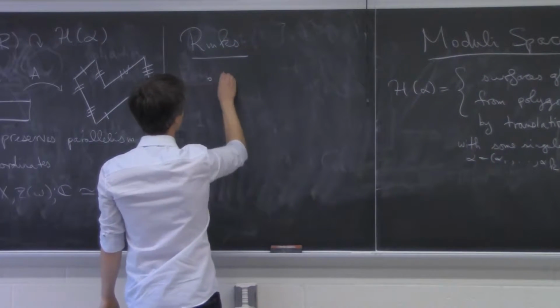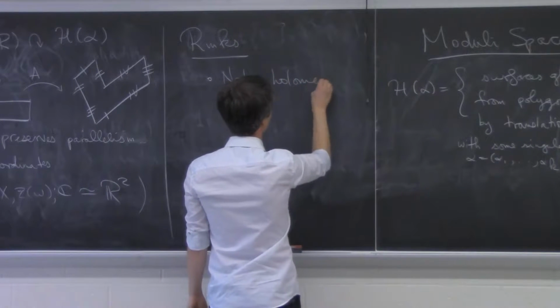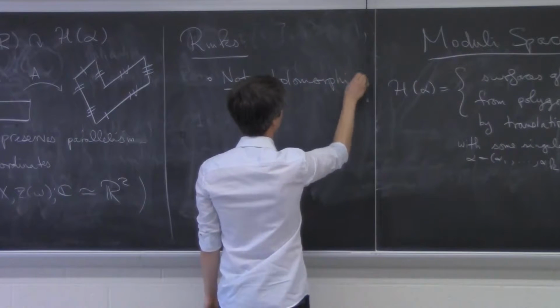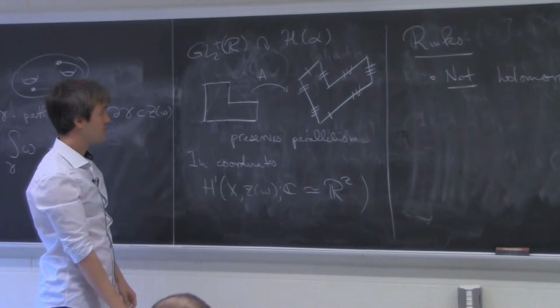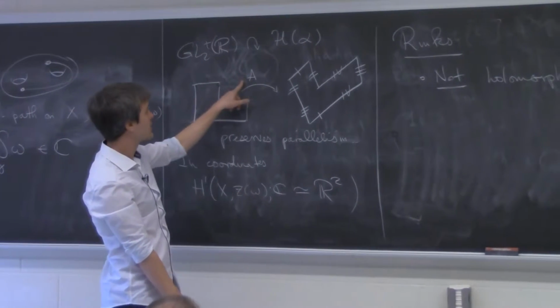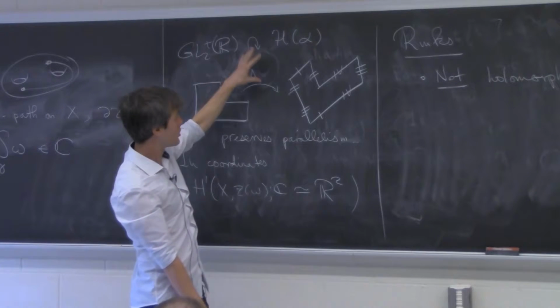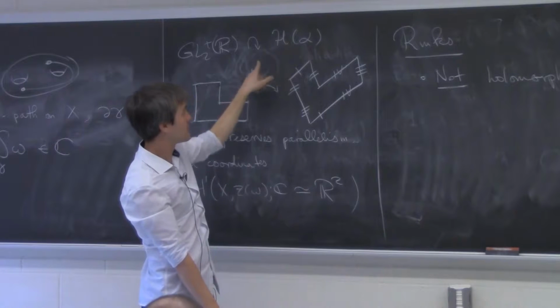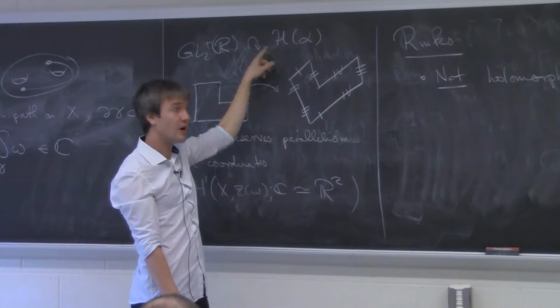Let me make a few remarks. The first one is that it is not a holomorphic action. Meaning that if you take a fixed matrix and you act by this matrix, you get a self-map of the space H alpha to itself, and this map is not going to be a holomorphic map.